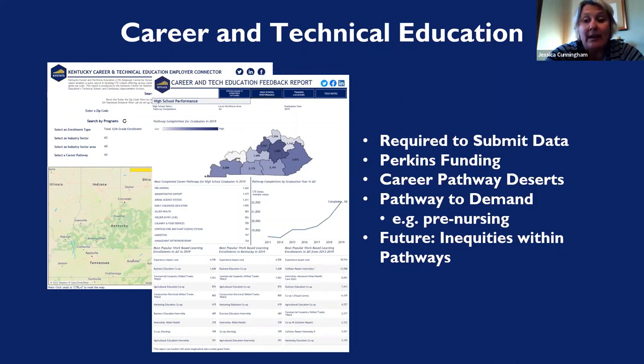You can also drill down by pathway. And on the last tab, you can connect by training locations and the actual labor market demand in our state by CTE pathway.